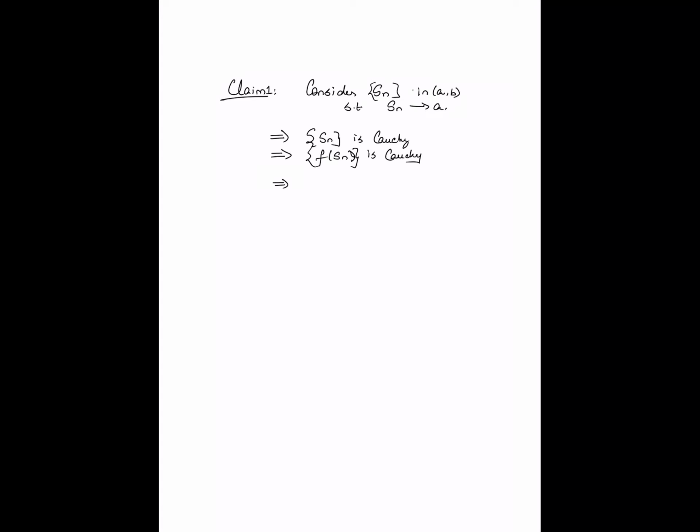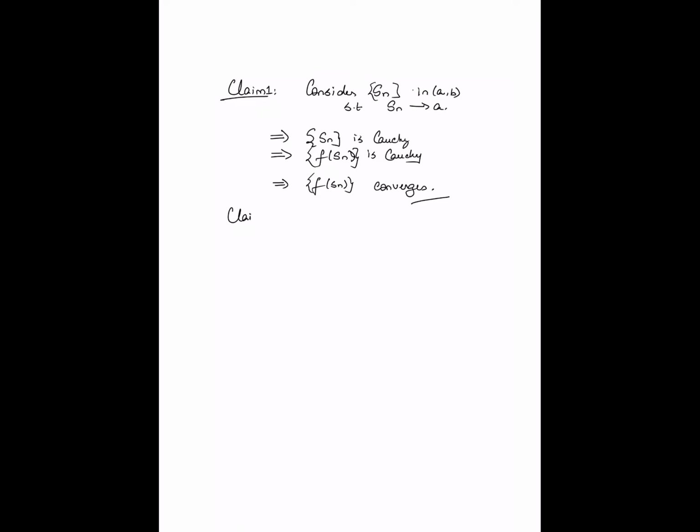Which again implies that the same sequence converges. So claim 1 is actually fairly straightforward to prove. It follows from the fact that if you have uniform continuity, then if you take any Cauchy sequence within the domain, then the sequence of function values on top of that sequence is also Cauchy. So that's it. That completes claim 1.